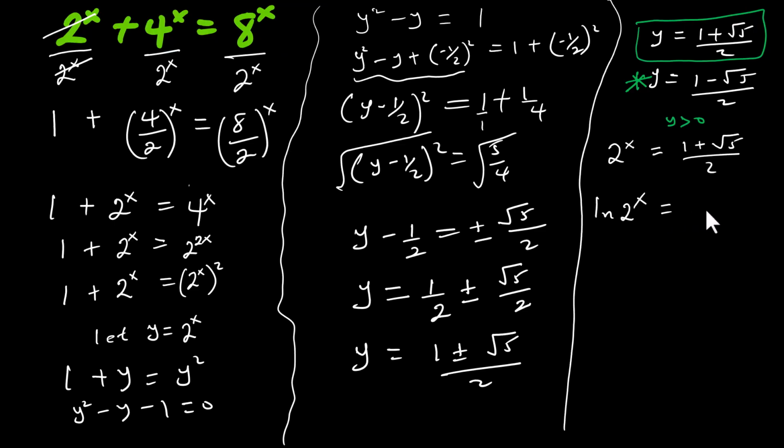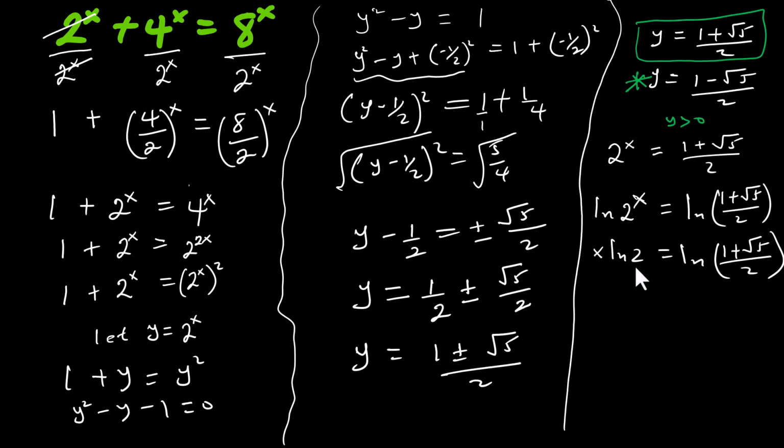The natural log of (1 plus root 5) over 2 equals, by the power rule, x times natural log of 2. Let's divide both sides by natural log of 2, so x equals natural log of ((1 plus root 5) over 2) over natural log of 2.